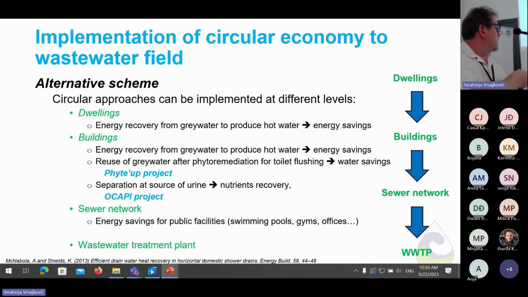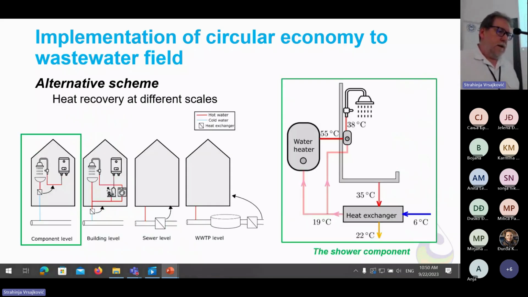I don't want to speak anymore on wastewater treatment plants because we have many examples so far. I will skip this slide because I would like to keep to the allocated time, but if you want, we can speak about how to save energy using your shower water.